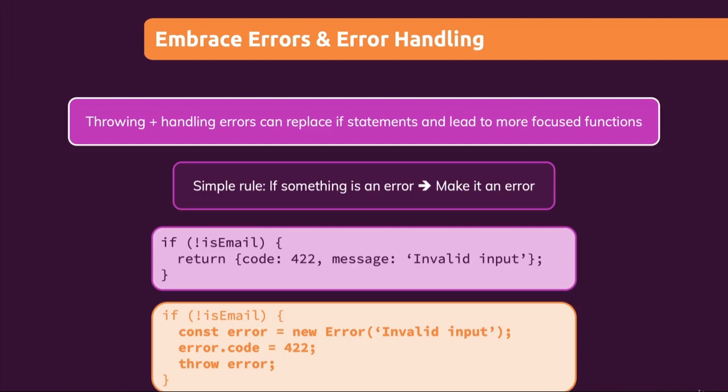Now this again is JavaScript, but similar mechanisms for building and raising your own errors exist in pretty much all programming languages. You can always build errors either using built-in error objects or building your own ones to add any data you might need to add, and then you can throw these errors, and then, and that's the key part, you can also handle these errors.